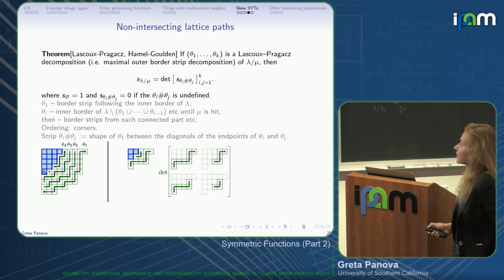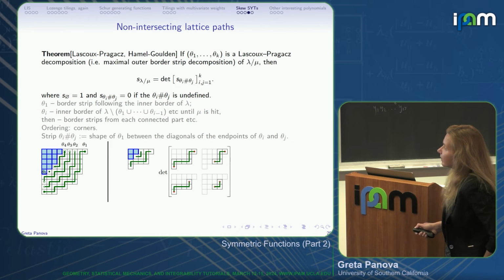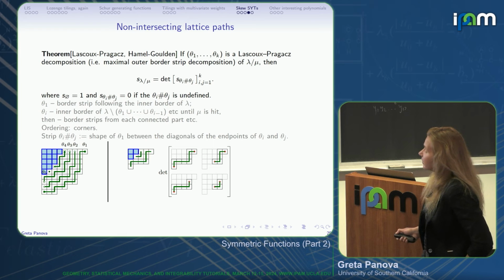And then the Schur function, with all the variables in it, is equal to the determinant of these other Schur functions that are obtained from these ribbons. These are ribbons themselves, cut off from this big ribbon. Here is an example.